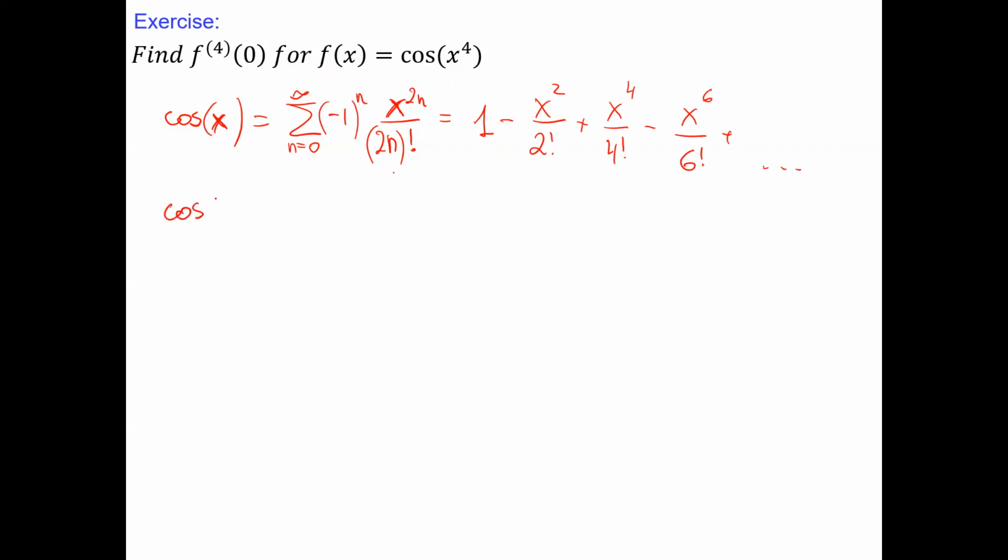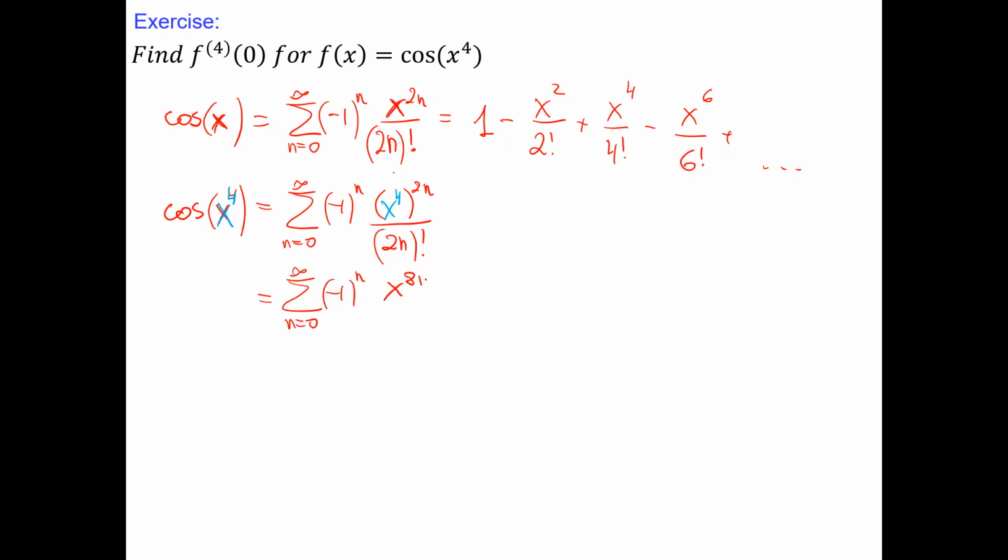Now for cosine of x to the power of 4, we have negative 1 to the n, and instead of x we put x to the power of 4 inside, so we get x to the power of 8n over 2n factorial.